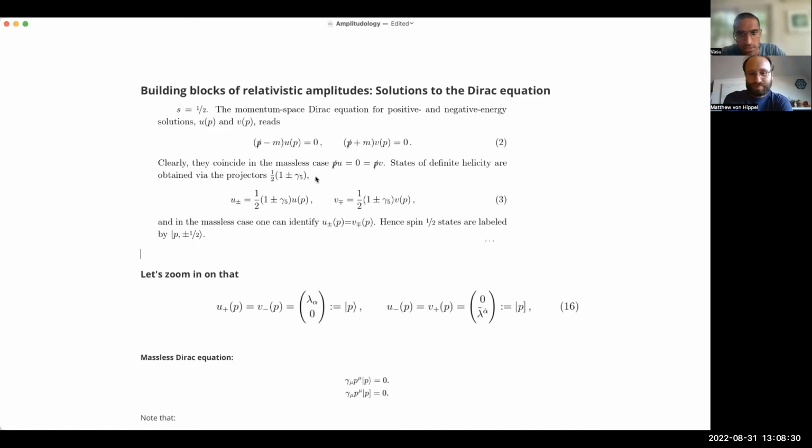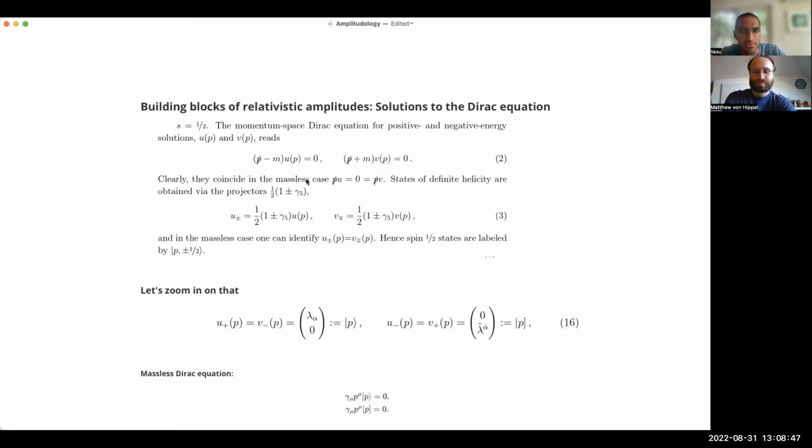What's more, there are states of 2 definite helicities that are the eigenstates under the projector 1 plus or minus gamma 5. We call positive helicity the eigenstates of 1 plus gamma 5, the negative ones 1 minus gamma 5. Roughly speaking, we can imagine this as a 2-component object in the space of positive and negative helicities, and when we have masslessness, just one of these slots is occupied.